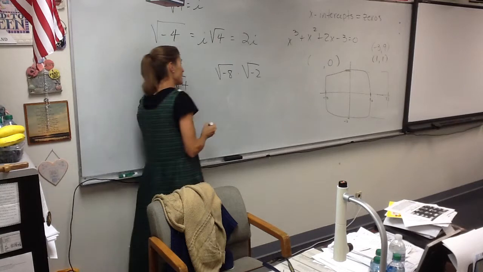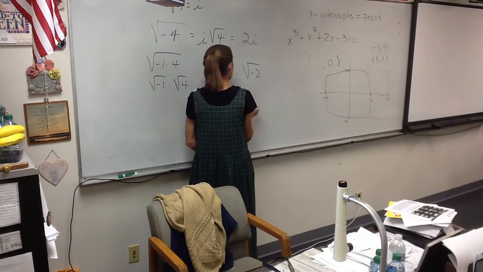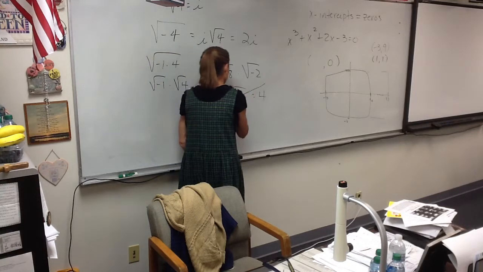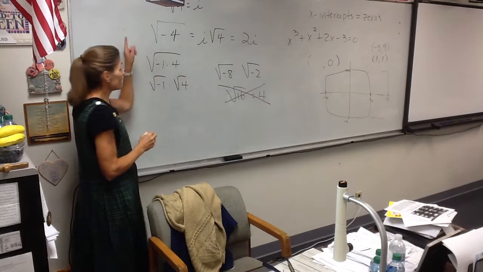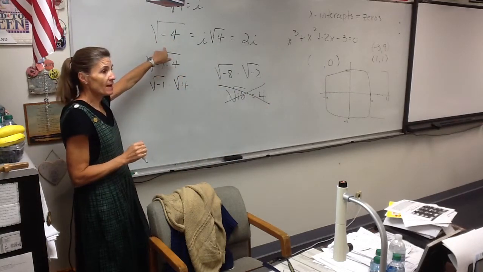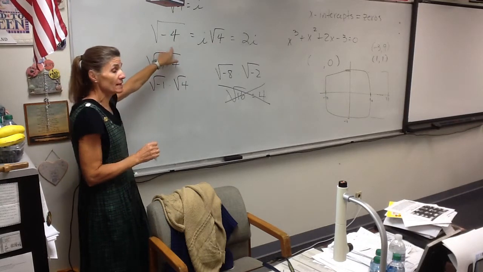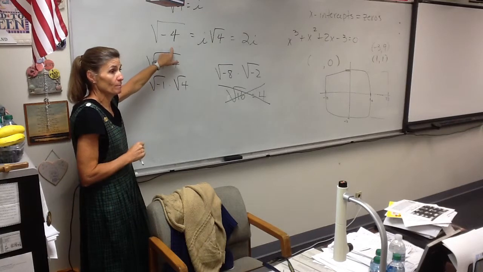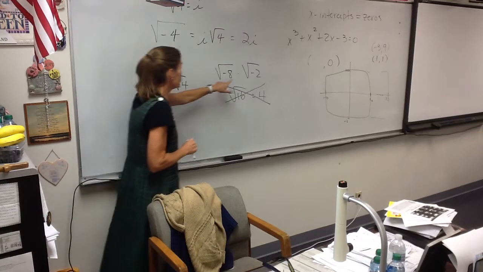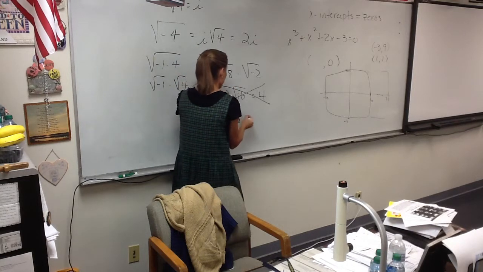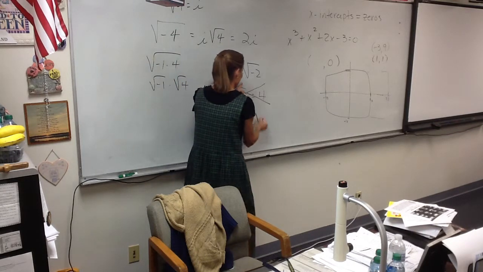And kids will say, oh, that's the square root of 16, that is 4. Wrong. I told you here, maybe I said it fast and you didn't quite catch it, but whenever we have the square root of a negative, what's the first thing we do? Take out the i. So you don't do anything here until you take out the i. So i root 8 times i root 2.